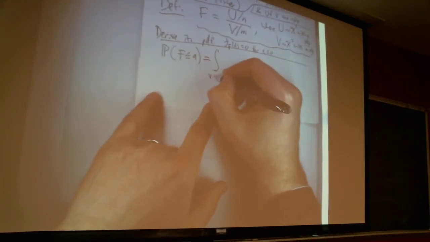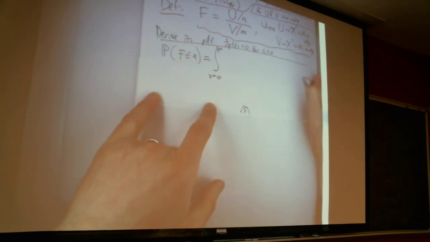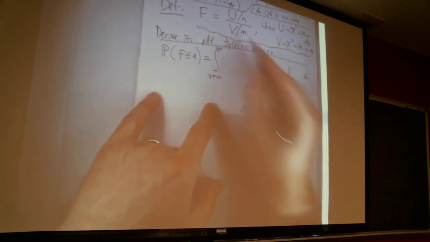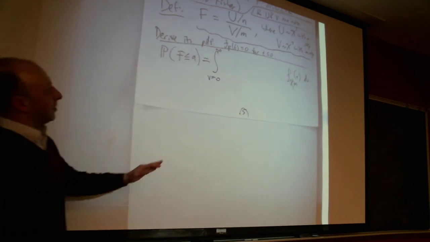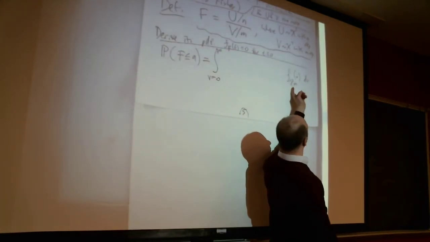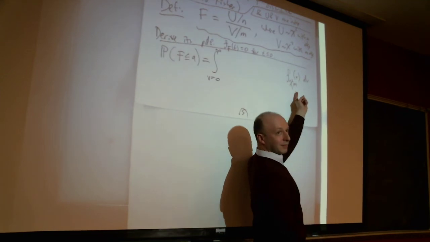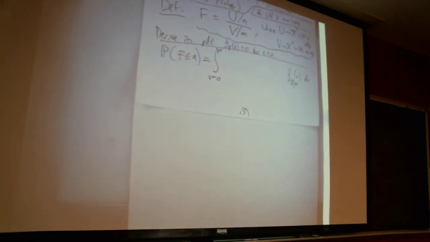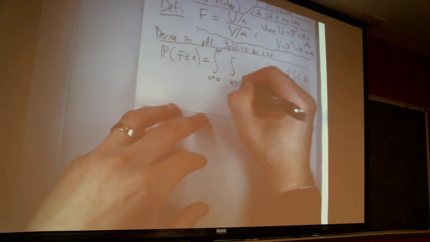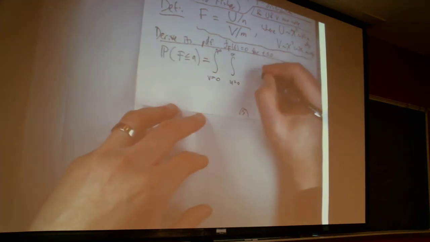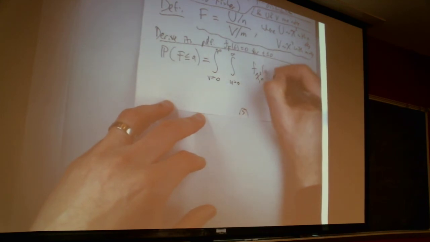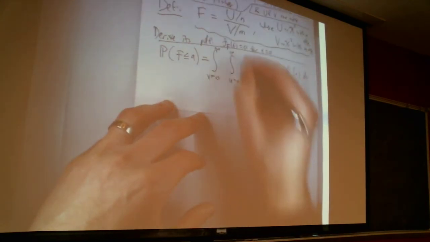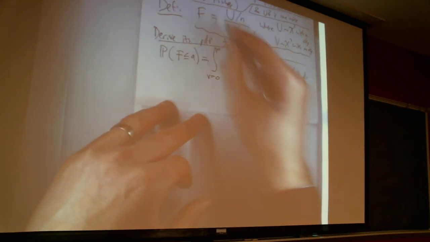So little v goes from 0 to infinity, dv, and then the PDF of a chi-squared with m degrees of freedom of v. So far this is saying just integrate over all of v with its PDF. And then I want to integrate my u with its PDF, which is f chi-squared n degrees of freedom of u du, except it's not going from 0 to infinity, it's restricted to this condition.